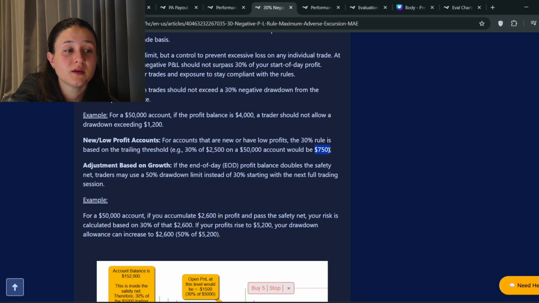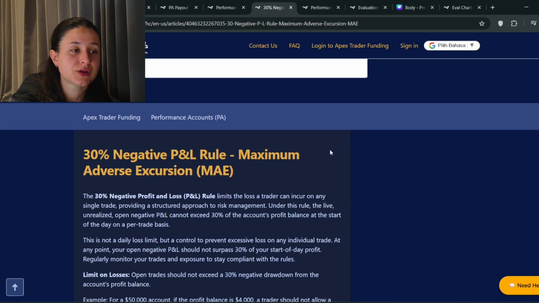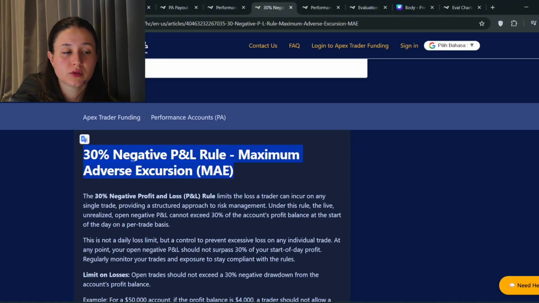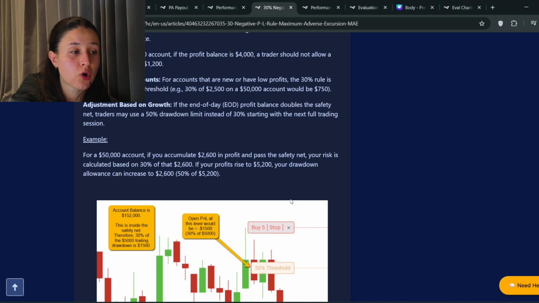So in the PA, you cannot lose $750. It's not going to make you lose the account. You're just going to break a rule. So you need to be careful of this and start small.